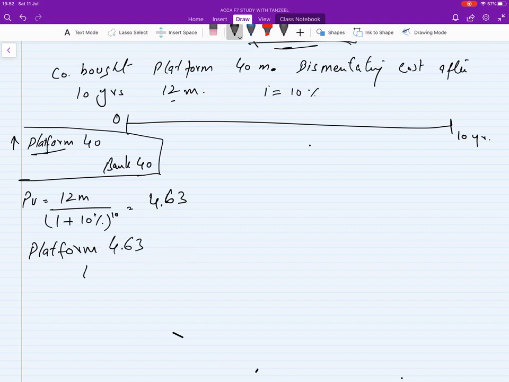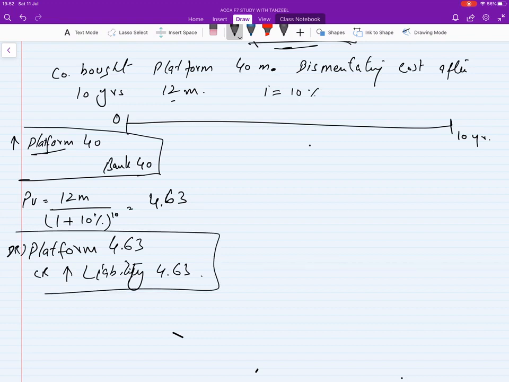And this 4.63 is your liability. So liability 4.63, credit liability, that is why we are crediting it, and debit the platform. So this is your double entry.